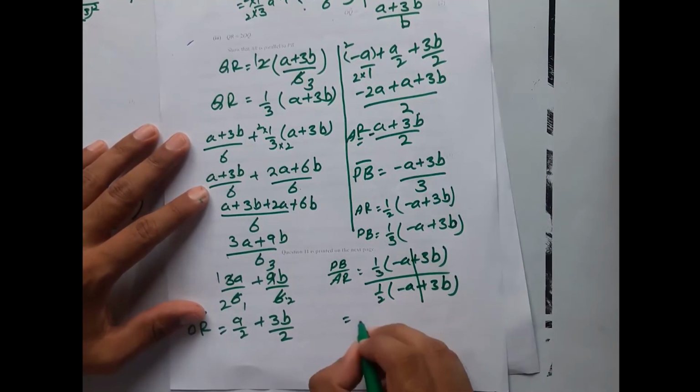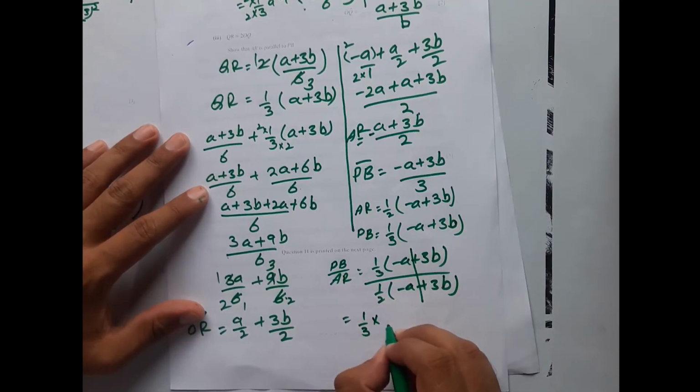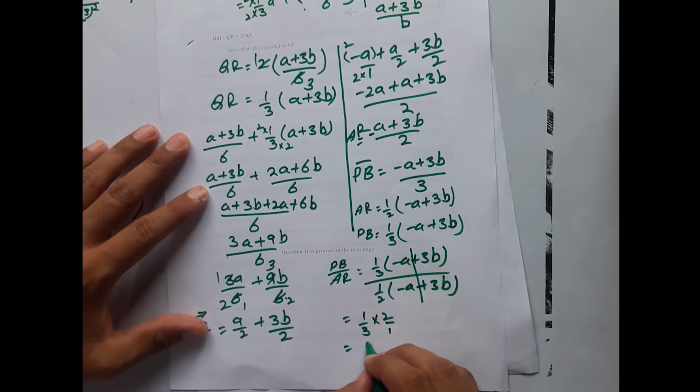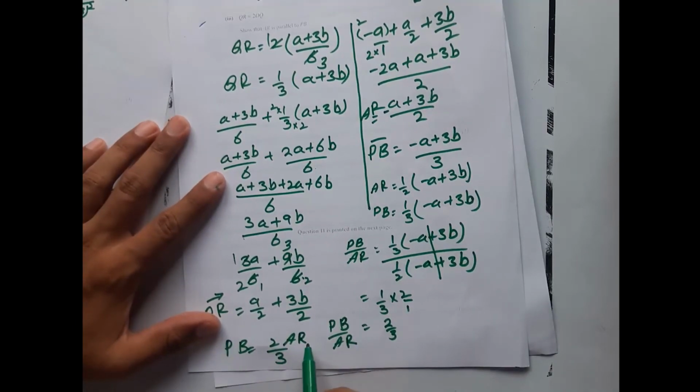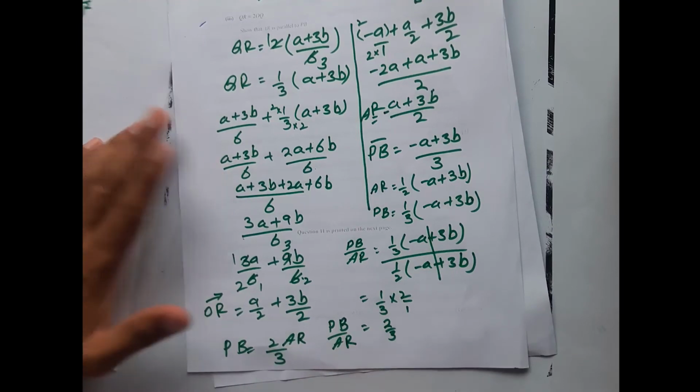This will become 1 over 3 divided by 1 over 2, we will multiply them, this will become 2 over 3. So PB over AR is 2 by 3. If we cross multiply, PB is equal to 2AR over 3. So we have proved that PB is parallel to AR with the constant 2 by 3.